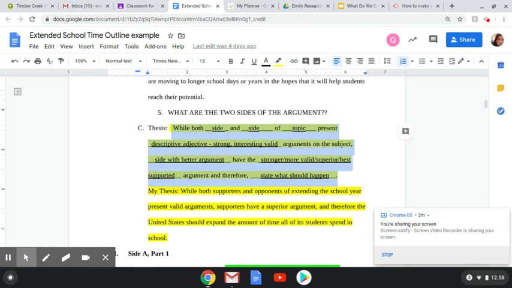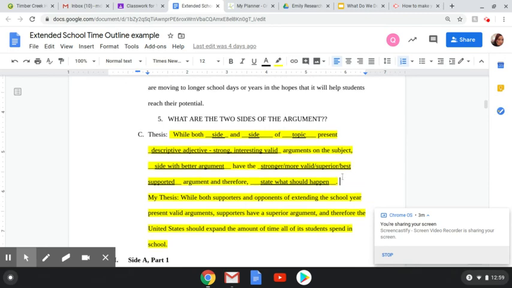Okay, so while supporters and opponents of limiting access to abortion, while supporters and opponents of cloning technology, while supporters and opponents of interracial adoption, whatever your topic is, have valid arguments. Tell me which side is better and what should happen because of that. And that's your thesis statement.